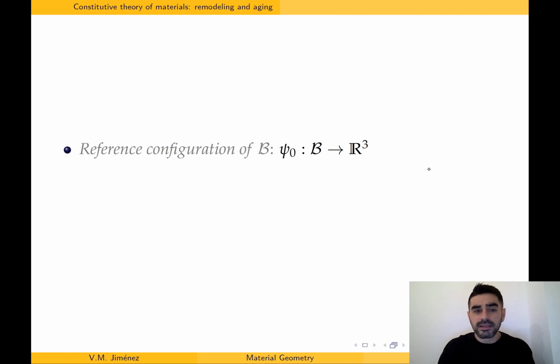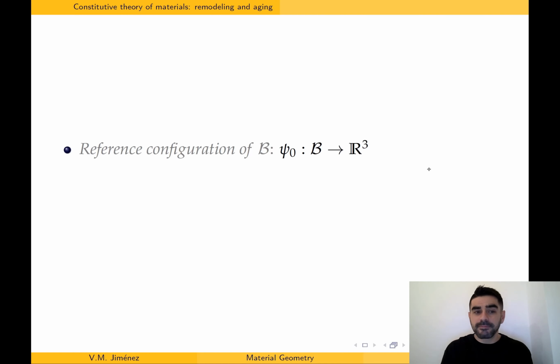Usually we define a fixed configuration as the reference configuration. Up to now, we haven't talked about the intrinsic properties of the material. To characterize these properties, there exists the so-called mechanical response.